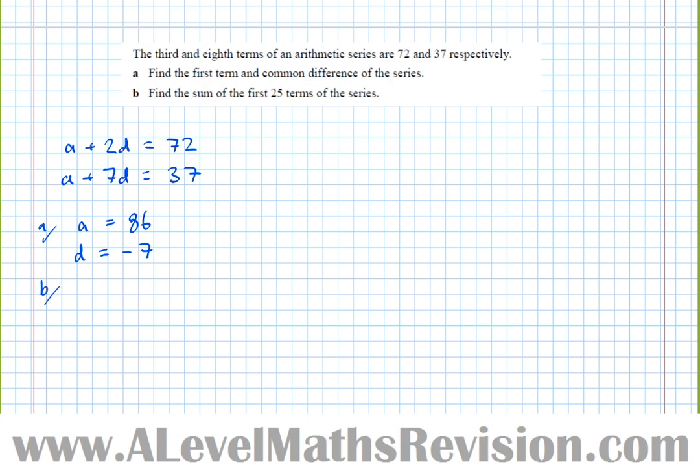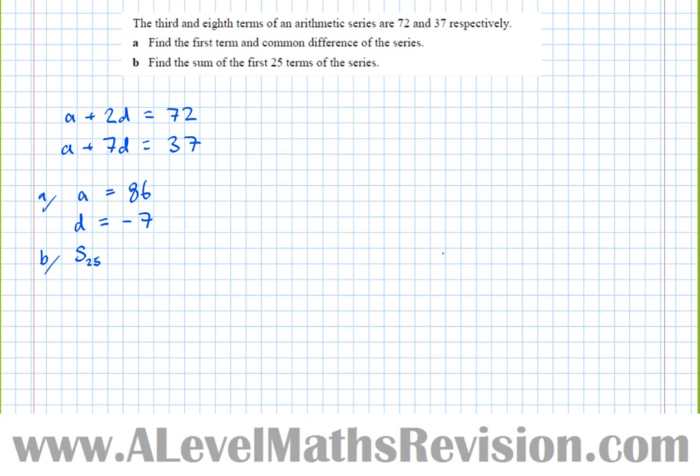And part B, find the sum of the first 25 terms of the series. So S25. In this case, a, the first term, was 86. d is minus 7. And it was 25 terms we wanted to find, so n equals 25.